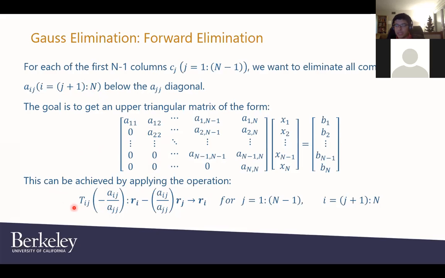So here we show you the operation that we need for that. So we are adding Tij of negative Aij over Ajj. The indices are tricky, and you'll need to look at this slowly and convince yourself.